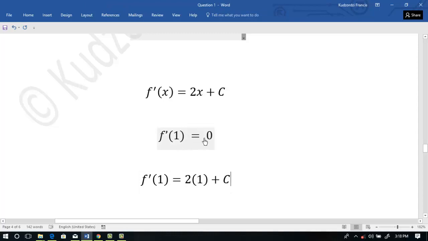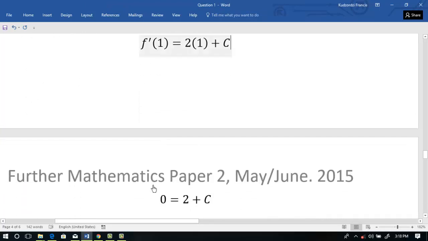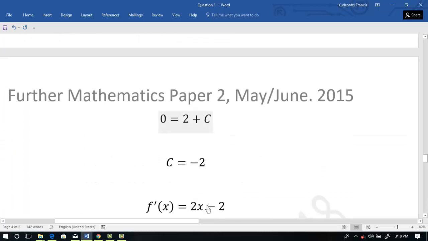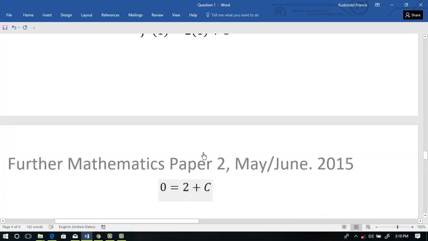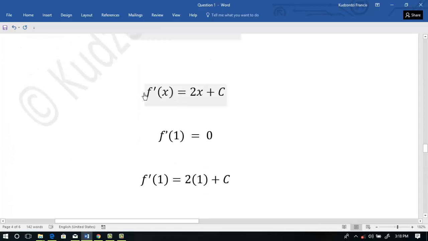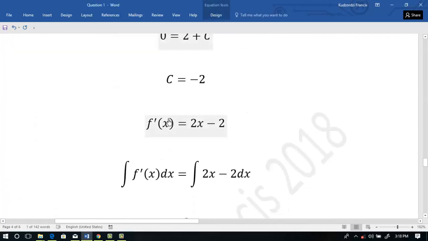But we know that f prime of 1 equals 0, so we set it to 0 over here. Then we solve for c to be equal to -2. Now let's go back here and replace the value of c, which is -2. Then we obtain this function.